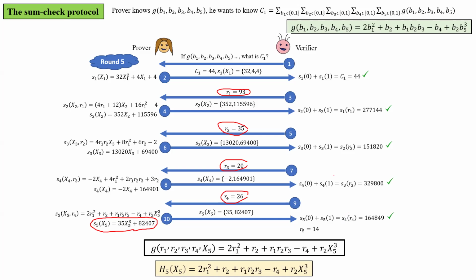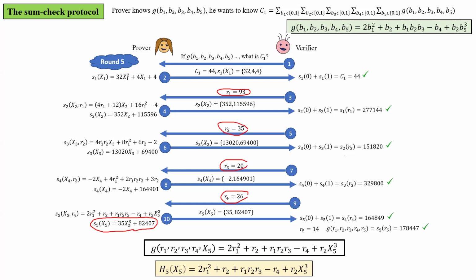And since this round is the final round, there is another verification, and we have such a verification in the final round of the SumCheck protocol. So in the final round, the verifier needs to randomly choose r5, which is 15 here, and then the verifier needs to calculate g(r1, ..., r5).